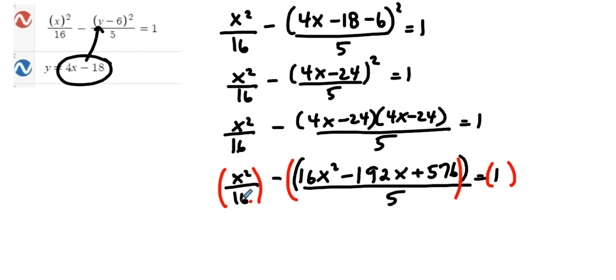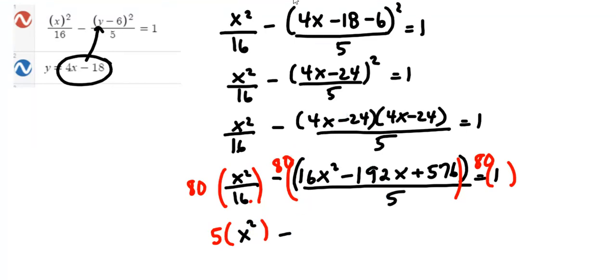Okay, and I'll show you why. 16 times 5 is 80. So we're going to multiply this by 80, this by 80, and a very common mistake, we tend to forget this by 80. And this allows us to get rid of the fraction. So 80 divided by 16 is 5. Okay, and there goes that denominator.